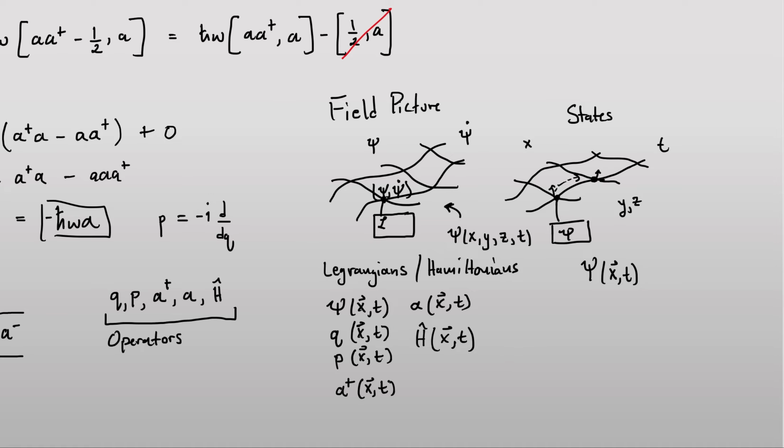I want to introduce the Dirac notation for these guys, where we're going to say that a dagger is, when it's acting on an energy state, so instead of acting on a wave function that describes a state, we can act on a state vector that is the same thing. It's different notation though, and we're going to define these guys like this.